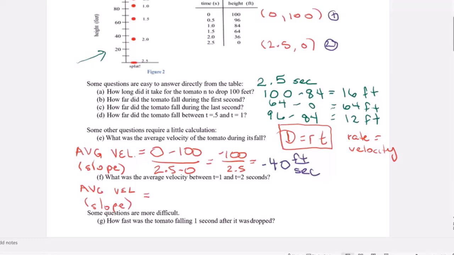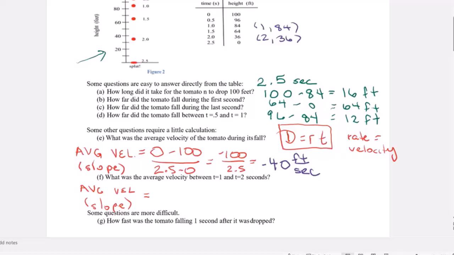And let's get our new x and y values, or input and output values, whichever you prefer. So t equals 1, we have 1 comma 84, and t equals 2, we have 2 comma 36.